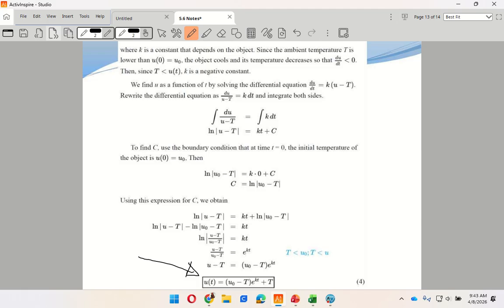It's specific to Newton's law of cooling. They might even give you this, I think they did when we had it on the AP, saying Newton's law of cooling is this. So is this whole thing just how you get that? Yes.